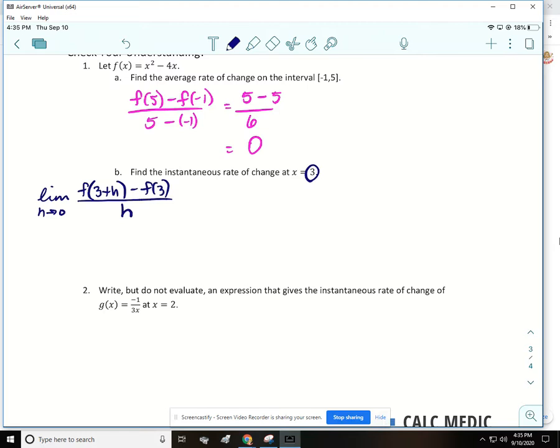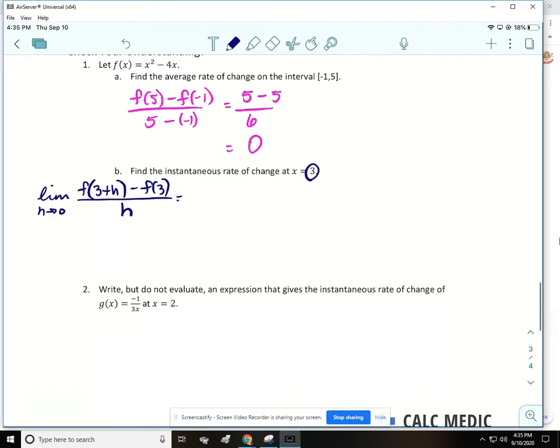All right, this takes a lot of algebra to get to the answer, but we can do it. We're going to keep on writing limit until we actually plug that 0 in for h. We can't do it right now because it's going to give us 0 in the denominator, and we don't want that. So let's find f of 3 plus h. I take 3 plus h and put it in for both of my x's.